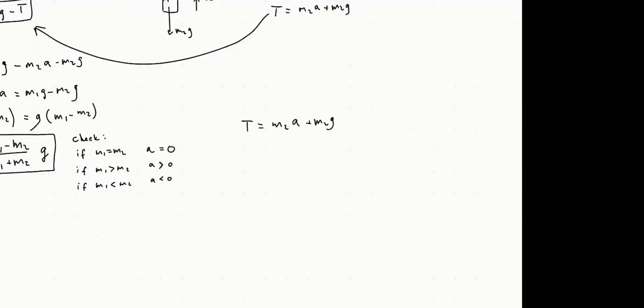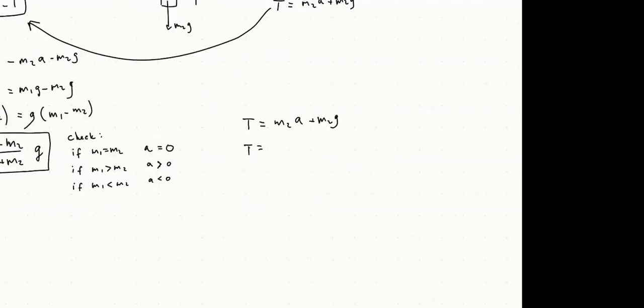So now it's just a bit of a math skill to put this together. m2 multiplied by (m1 minus m2) over (m1 plus m2) g, plus m2g, and T is equal to g multiplied by, wow, m1m2 minus m2 squared plus m1m2 plus m2 squared. Oh, m2 squared cancels.